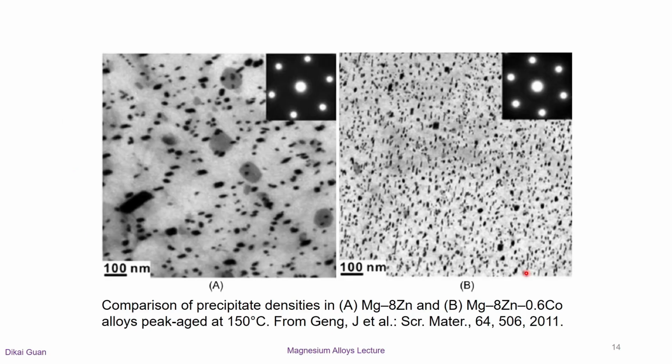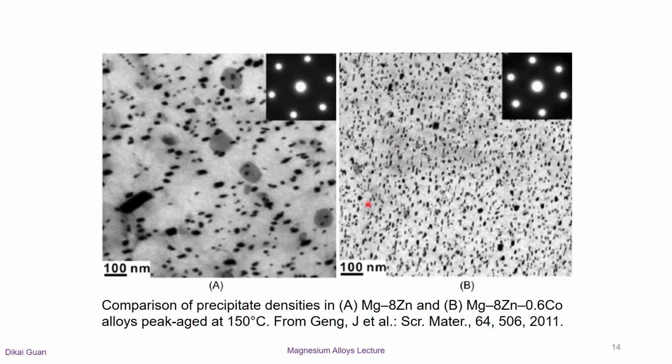In these magnesium-zinc alloys, we can find there are two main precipitates. One type has a rod shape, while the other one has a plate shape in both alloys. However, the density of precipitates is much greater and more uniform when a tiny amount of cobalt is present in the right image.